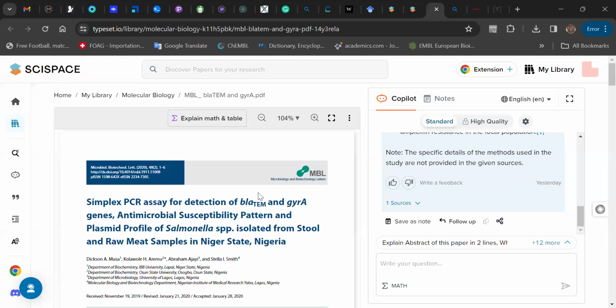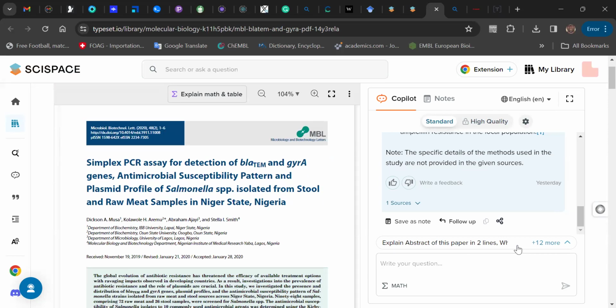And one of the things I did was that I fed Scispace with all my publications. I started asking Scispace to summarize my publications for me and to tell me the important findings, so that instead of reading through all my publications and then picking out what I want to use, it was Scispace that was giving me that information, and that was how I was able to quickly write my inaugural lecture.